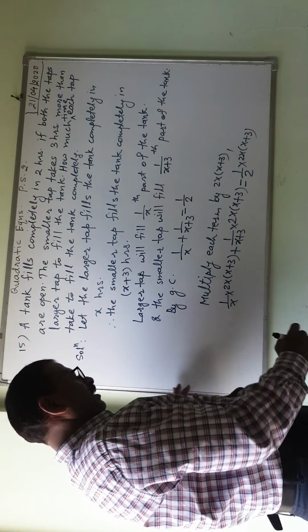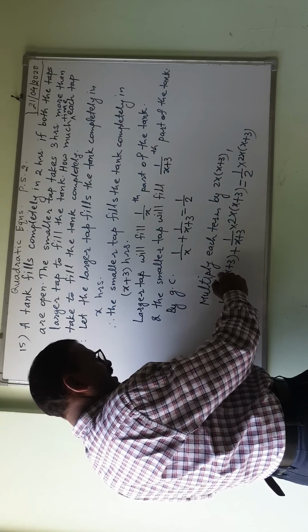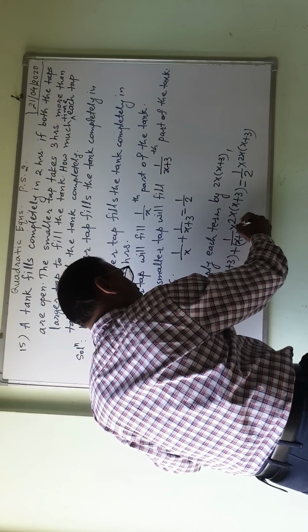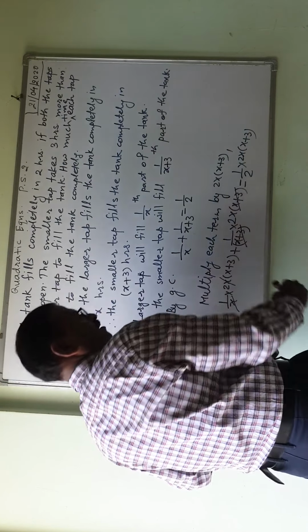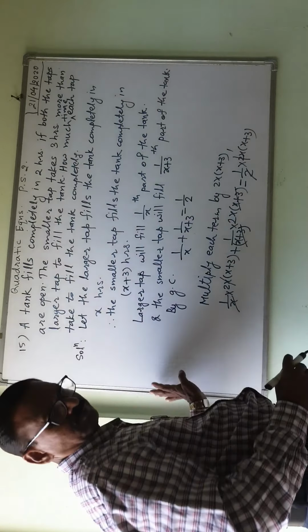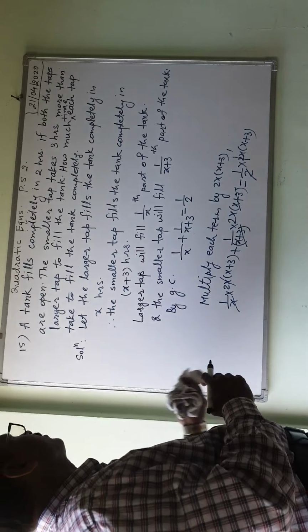Now it becomes simple. This x will get cancelled. Put the bracket and then cancel, it looks better. Then this 2 and this 2 have cancelled. Now our equation will become, I will rub the question now.